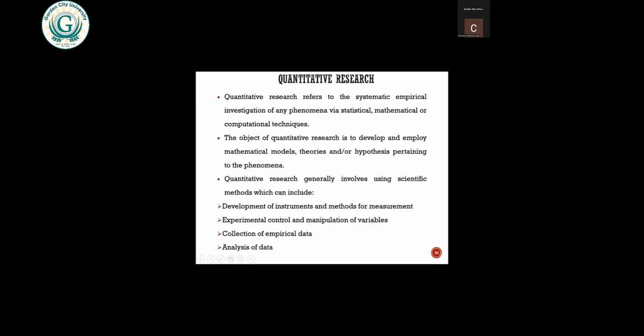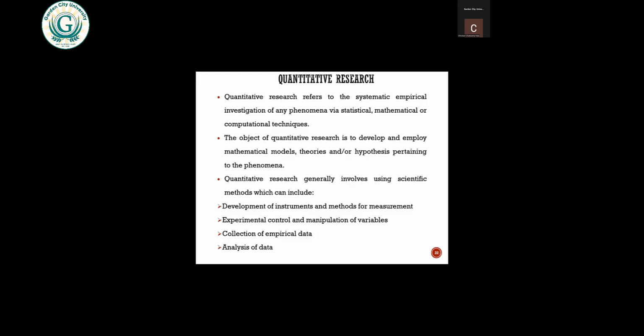For quantitative research, you are going to be dealing with numbers, numerical data. And that means you'll be employing statistics and mathematical and computational techniques. That is where your biostatistics information will all come in if you are doing quantitative research.